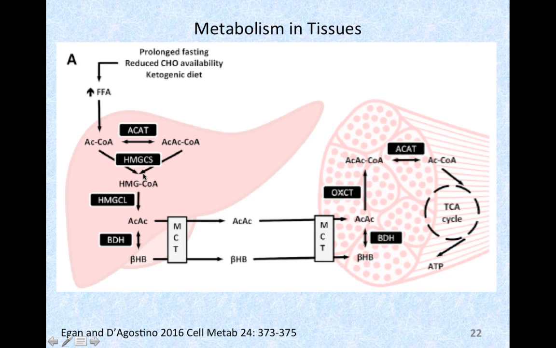Here's our HMG-CoA, goes through HMG-CoA lyase. Here's acetoacetate. Here's beta hydroxybutyrate. Here's our dehydrogenase. Leaves the liver through these monocarboxylate transporters, travels through the blood, and in the muscle, for example, those two molecules interconvert, become acetoacetate, and here's the thiolase that now splits it into acetoacetyl-CoA. So now our CoA has been added.